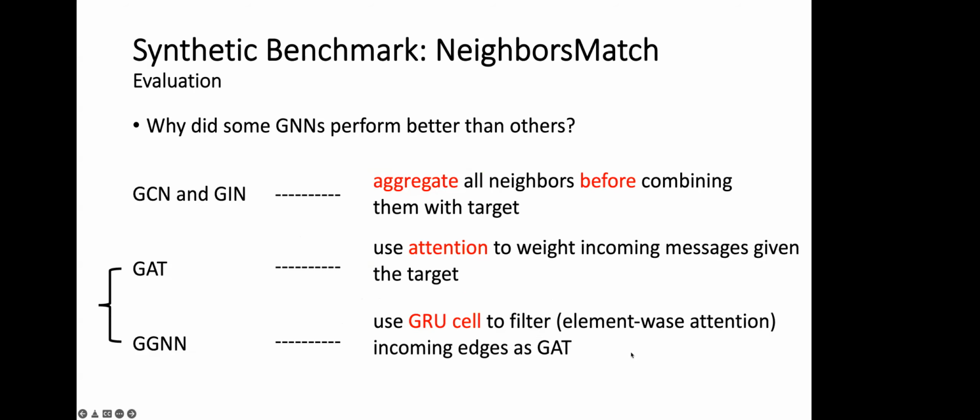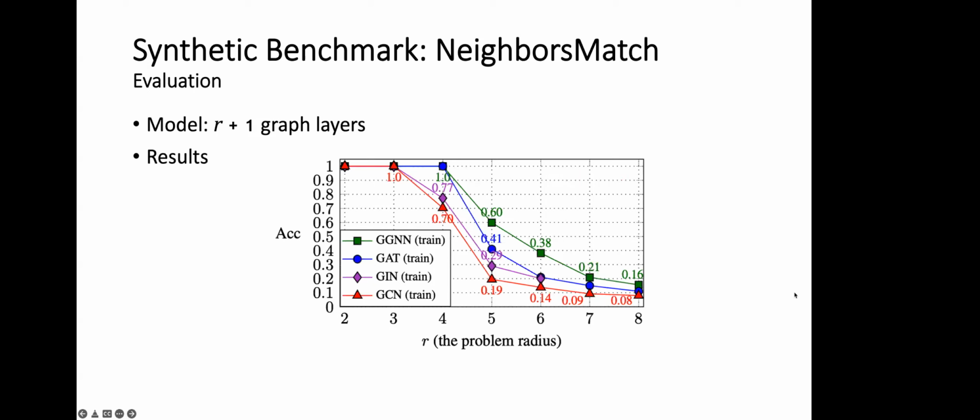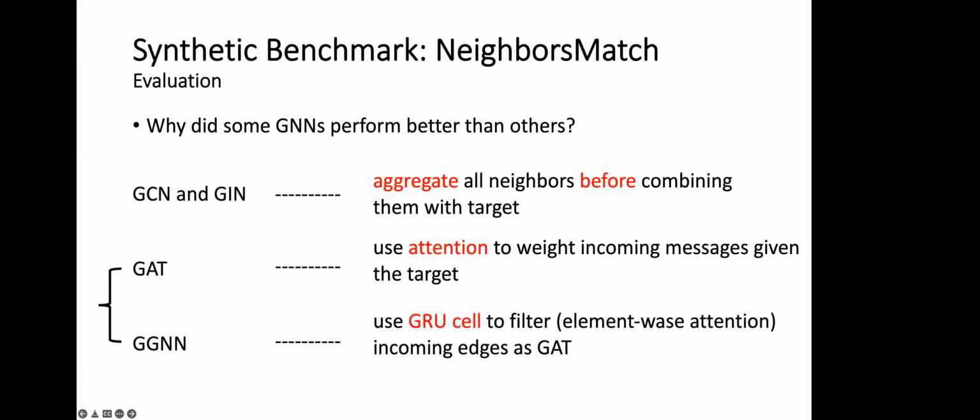So the explanation is that GCN and GIN managed to fit R equals 3 at most, while GGNN and GAT also reached 100% accuracy at R equals 4. This difference can be explained by their neighbor aggregation computation.